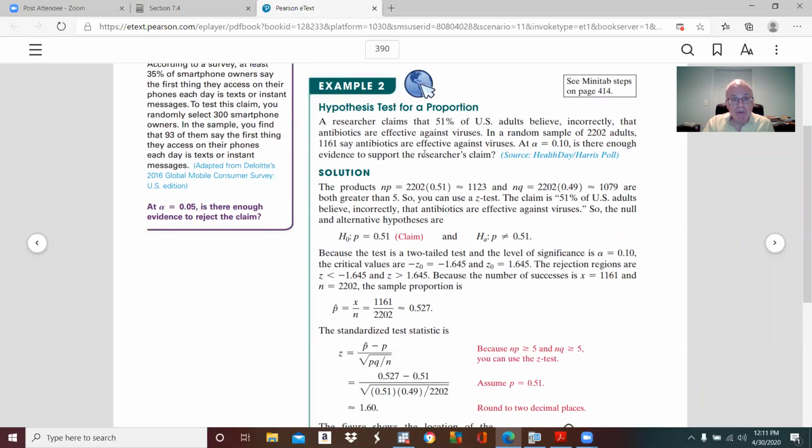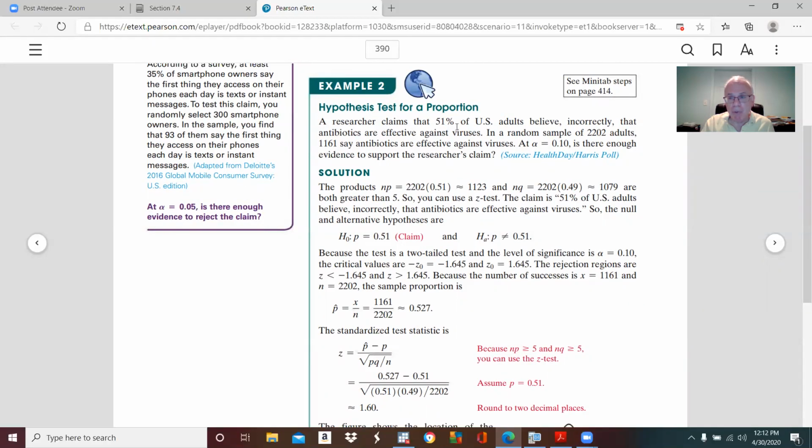A researcher claims that 51% of U.S. adults believe incorrectly that antibiotics are effective against viruses. All right, this is kind of interesting since we're in a viral pandemic right now. So notice that the claim is that 51%. The word that here doesn't say less than, greater than, or less than or equal to or greater than or equal to.